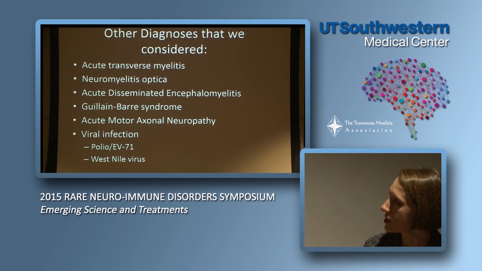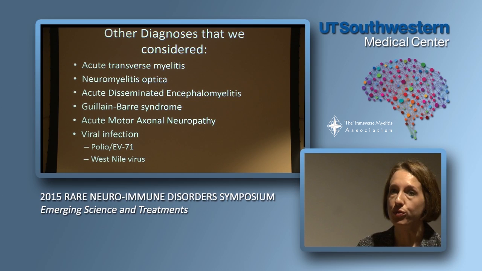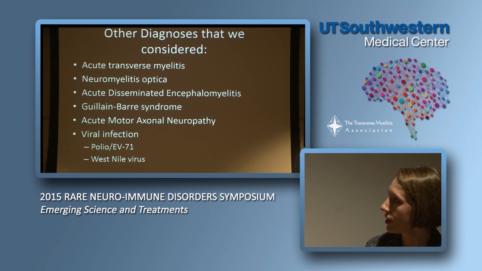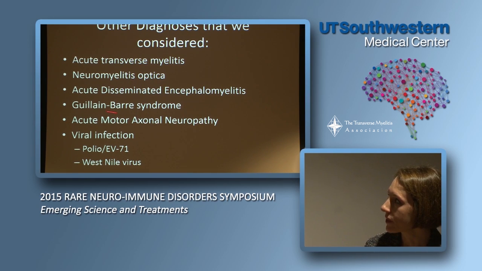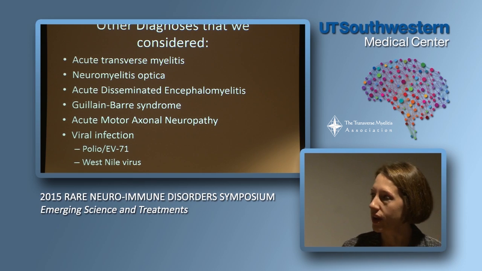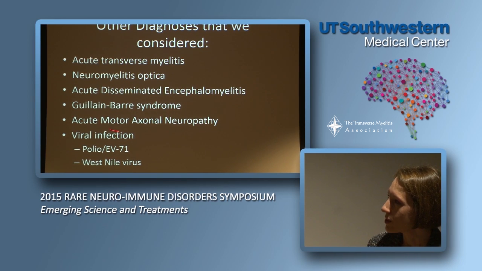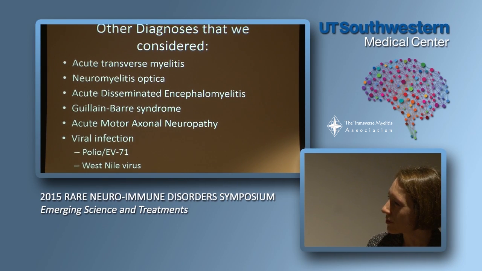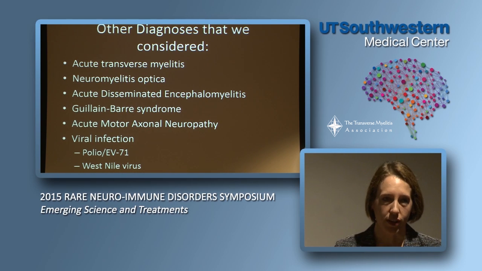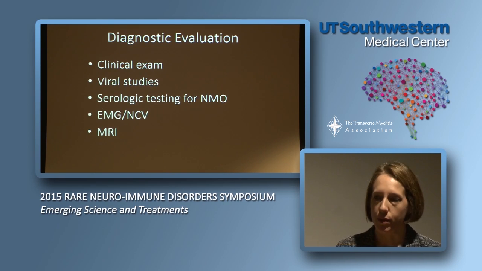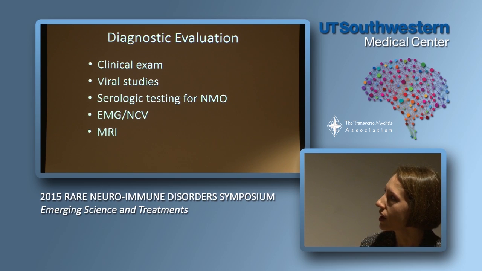We thought about NMO because the lesions were very long in the spinal cord. We thought about ADEM. Dr. Greenberg mentioned Guillain-Barré. That was on our list as well as another entity sort of similar but different. And then some viral infections that can cause these types of problems in the spinal cord.